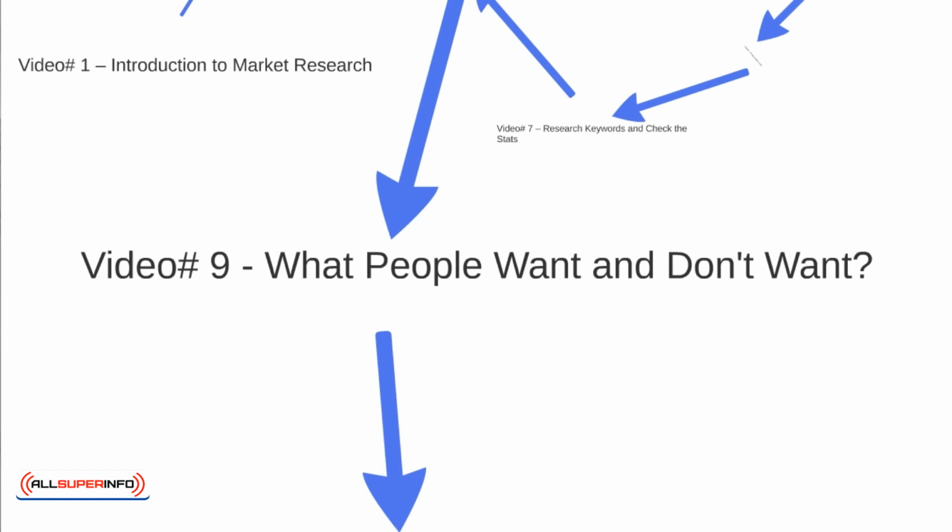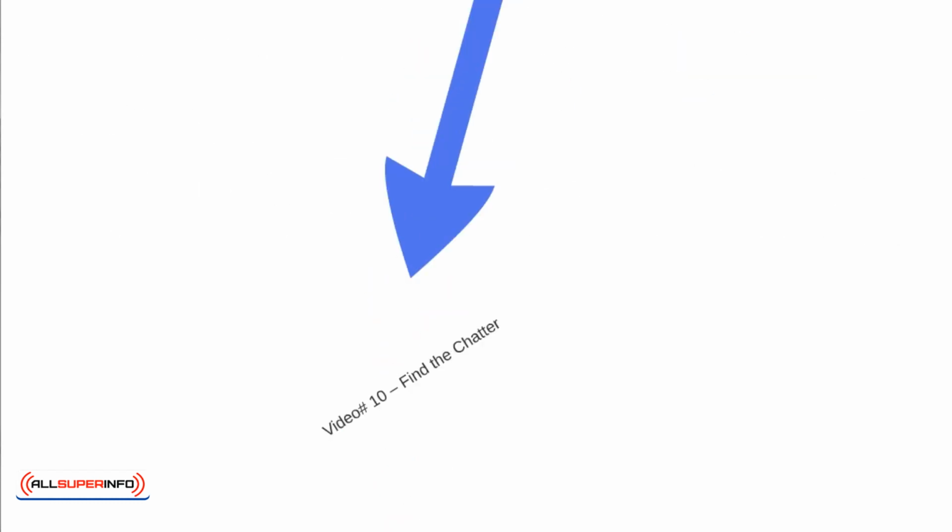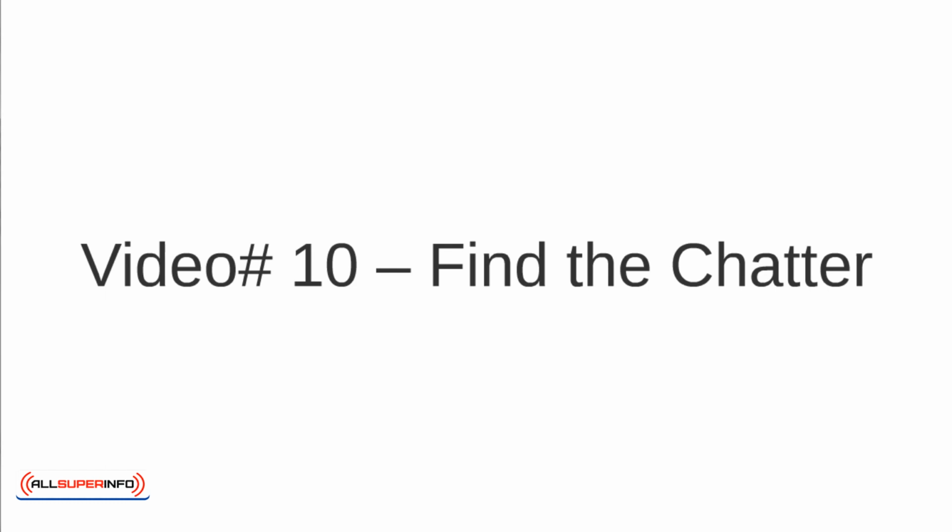So as you can see here, we're pretty much going from the broader market research to competitor research down deep into product research, because I want you to be able to not only examine and find markets, but also utilize that information to actually apply it and succeed. And that brings us to video number 10, which is finding the chatter. So once we figure out what people don't want and what they want, we want to figure out what people are talking about.